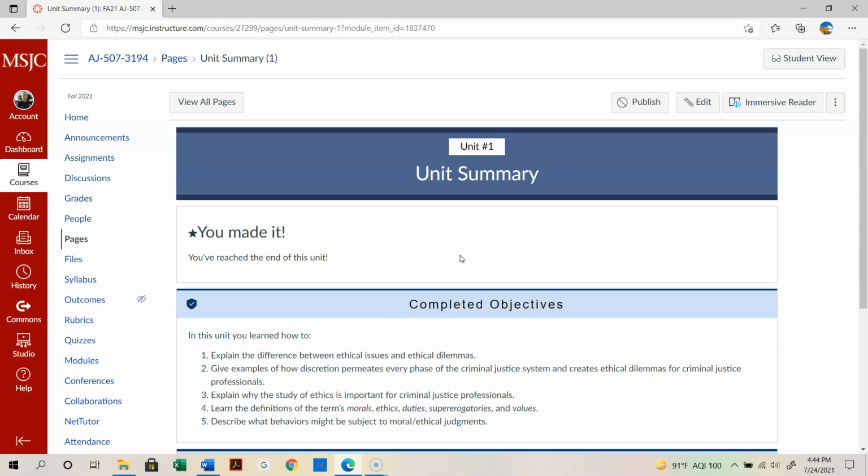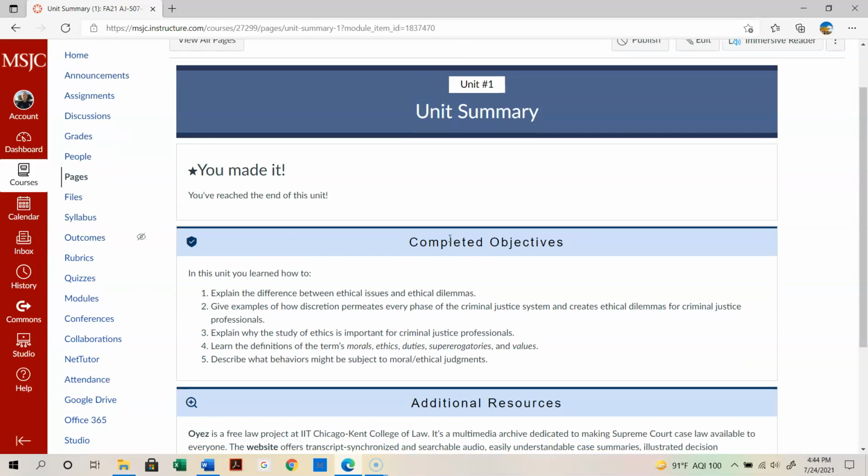I'm going to create a video, like a 4-minute, 5-minute summary of our discussion post. So instead of responding to each one individually, I will have a page just like this, but instead of saying unit summary, it will say discussion post response video, and I'll talk about the discussion post for 4 or 5 minutes. So we'll see how that looks.